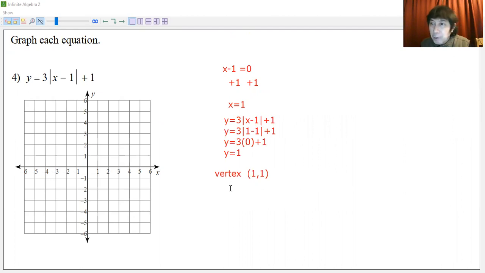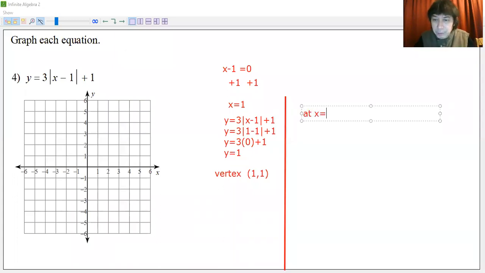Now let us use 2 points, and we will use again 2 units to the left and to the right of the positive 1 value of x. Okay. And so we shall choose 1 plus 2 is 3. All right. So we shall make use of x equals 3. So we shall compute over here. So at the value of x equal to 3, we use the equation.